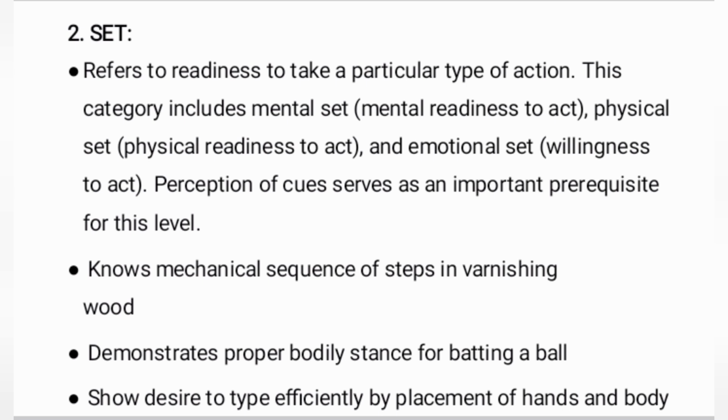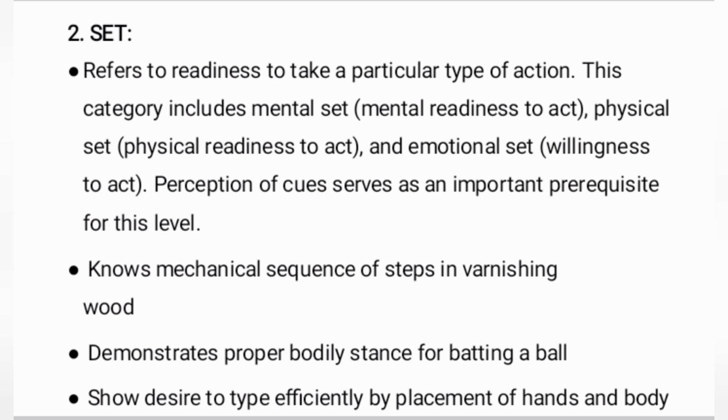Perception of cues serves as an important prerequisite for this level. Examples include knows the mechanical sequence of steps in varnishing wood, demonstrates proper bodily stance for batting a ball, shows desire to type efficiently by placement of hands and body.